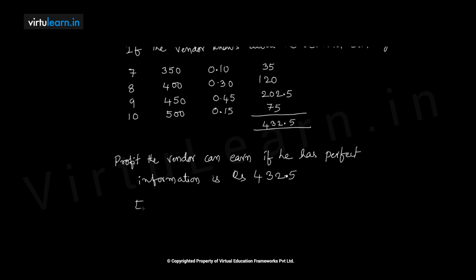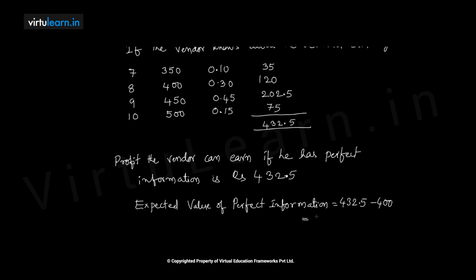What we got that as expected value. Expected value of perfect information is 432.5 minus 400.